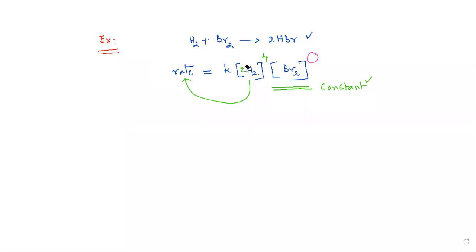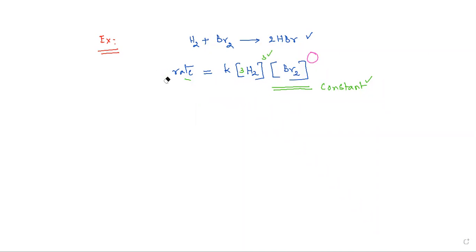Supposing the concentration of hydrogen is tripled, and the rate becomes 27 times, what would be the power? 3. That is how the powers are obtained, not simply by considering the stoichiometric coefficient. This is how you have to conduct experiments.